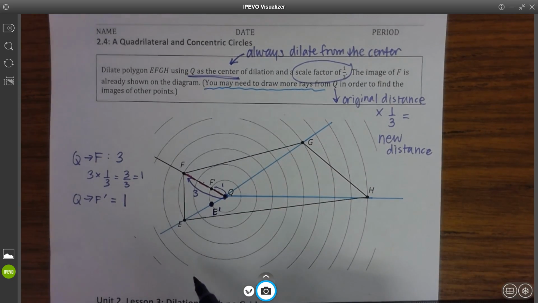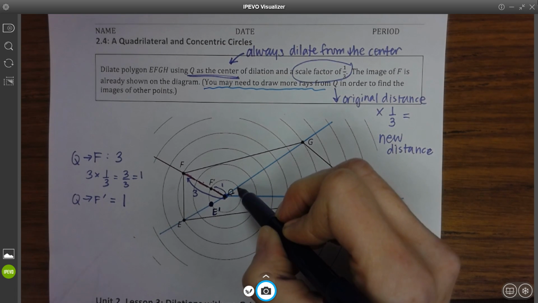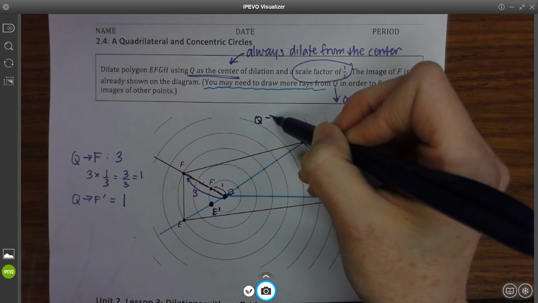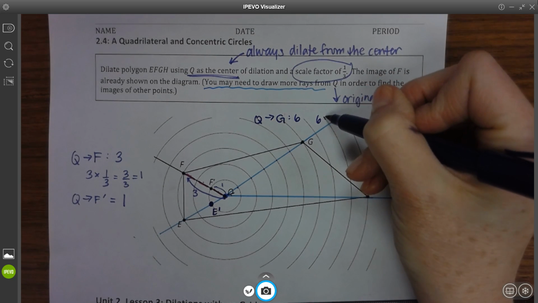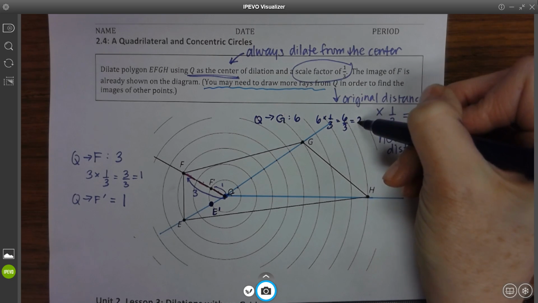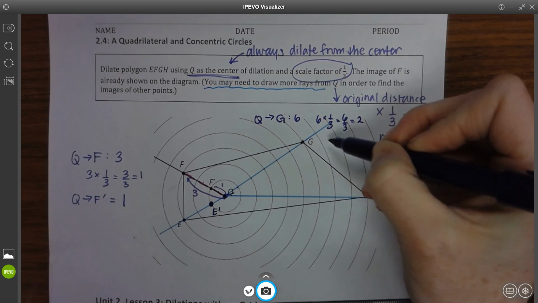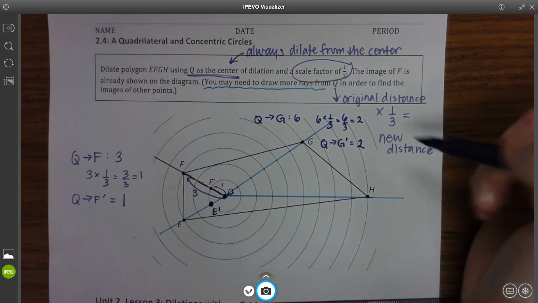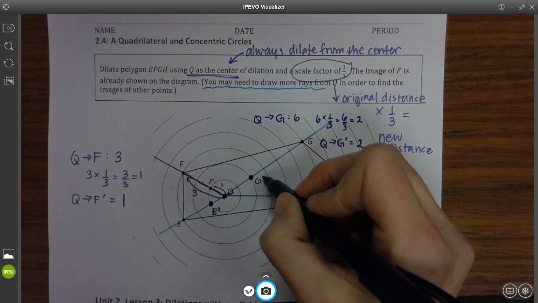But let's take a look at G. So our distance from Q to G is 1, 2, 3, 4, 5, 6. So from Q to G is 6. Well, 6 times 1/3 is 6/3, or 2. So that means from Q to G prime is going to be 2. So go from Q, 1, 2, there's G prime.